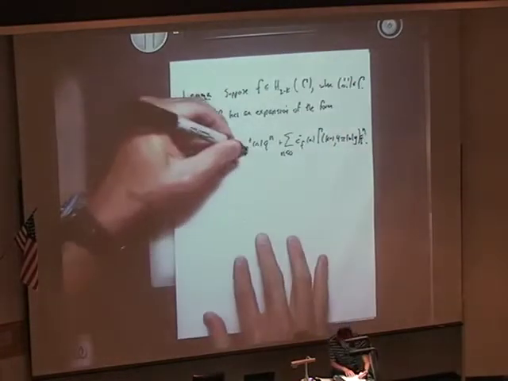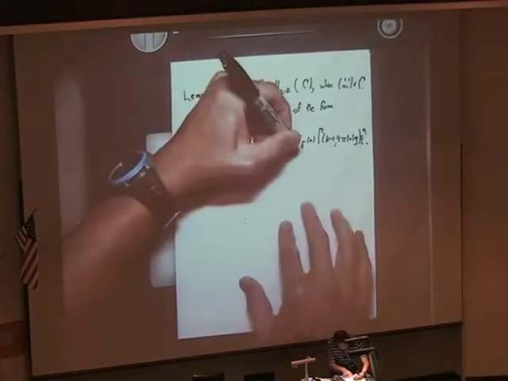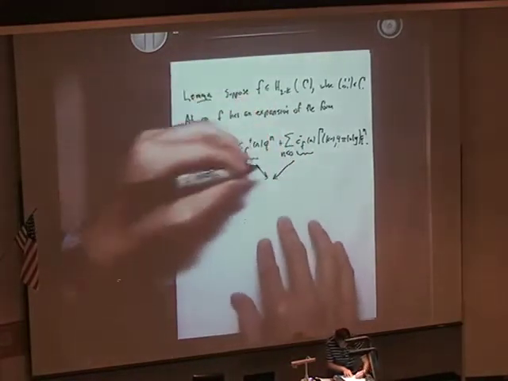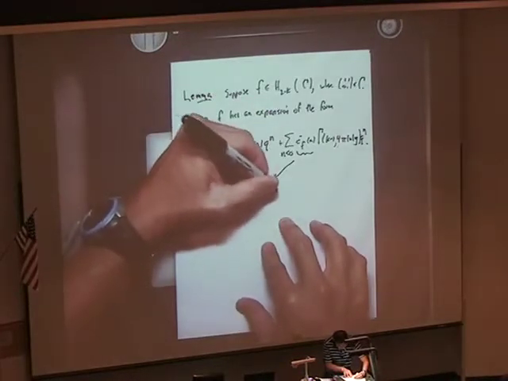And the Fourier coefficients will be these two sequences of numbers. The c_f plus of n and the c_f minus of n are the Fourier coefficients.